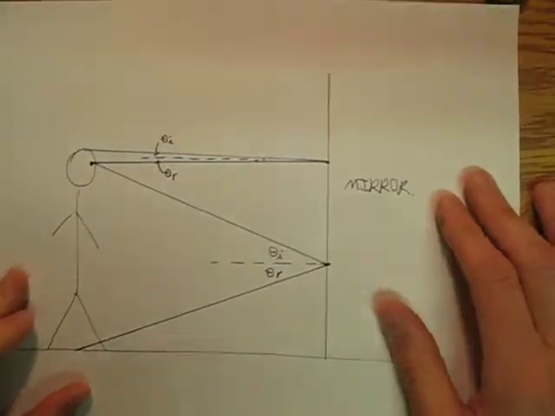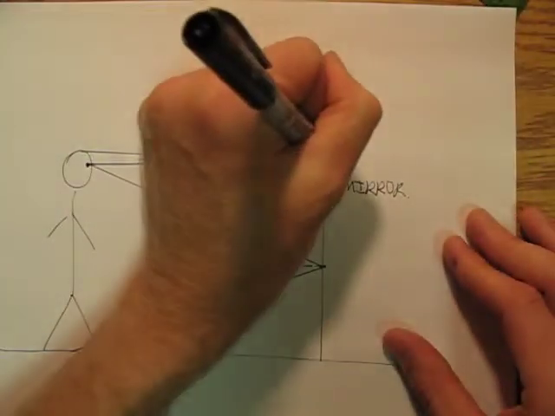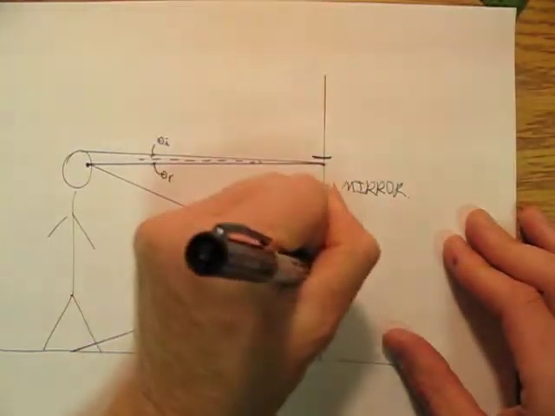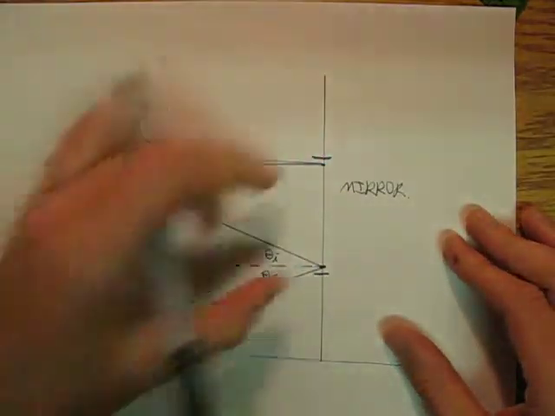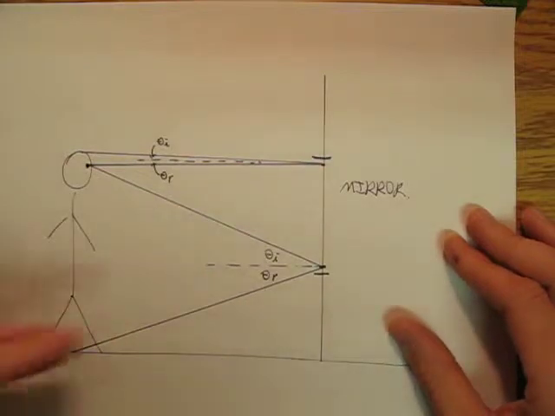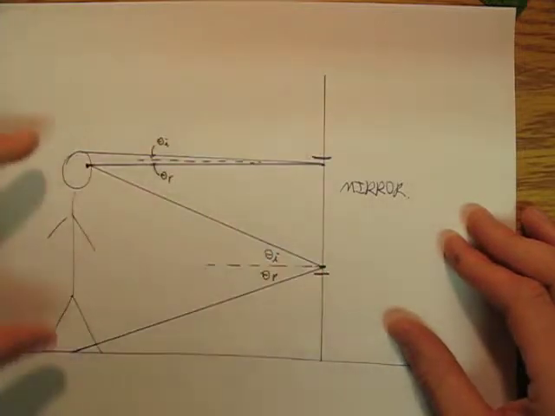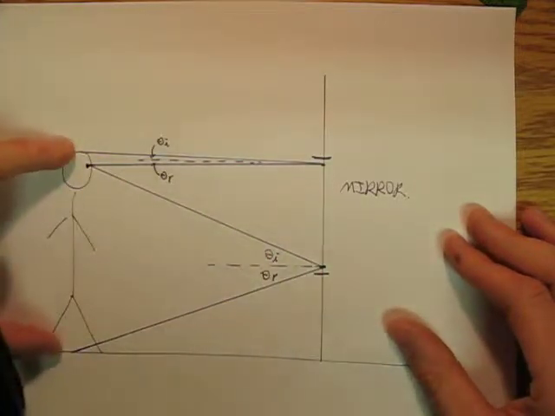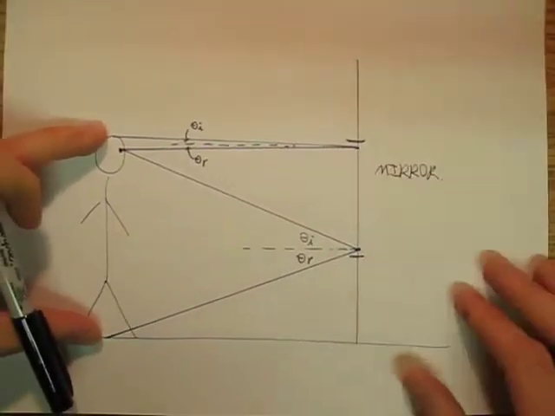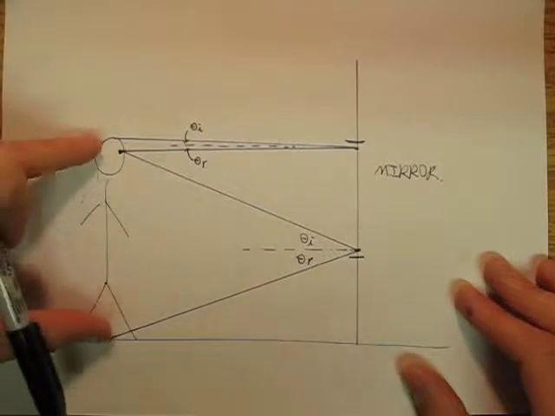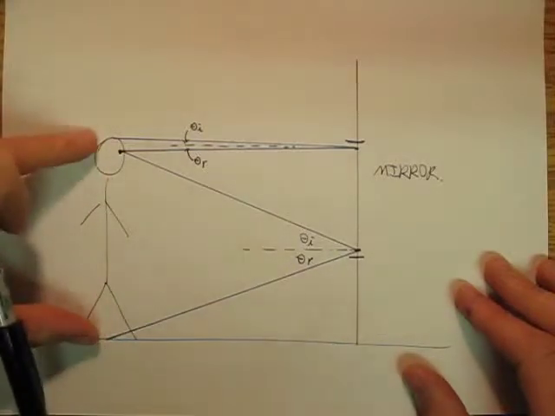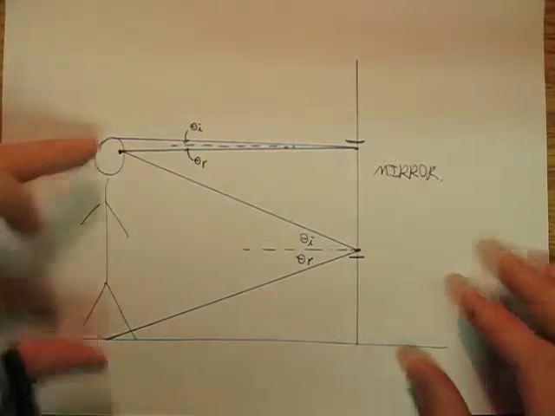And so the mirror only has to be that long. The mirror actually only has to be half as high as the person is. If the mirror is half as long as the person is, they will be able to see their entire body inside that mirror.